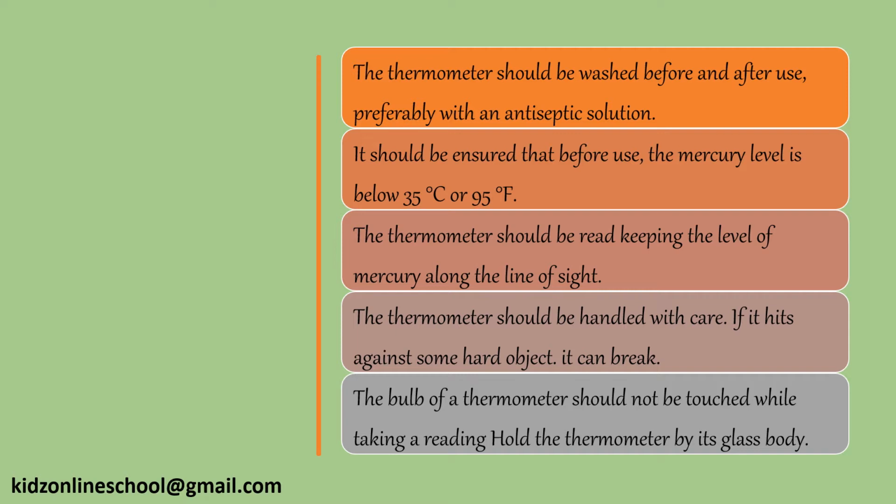The thermometer should be read keeping the level of mercury along the line of sight. The thermometer should be handled with care. If it hits against some hard object, it can break. The bulb of a thermometer should not be touched while taking a reading. Hold the thermometer by its glass body.